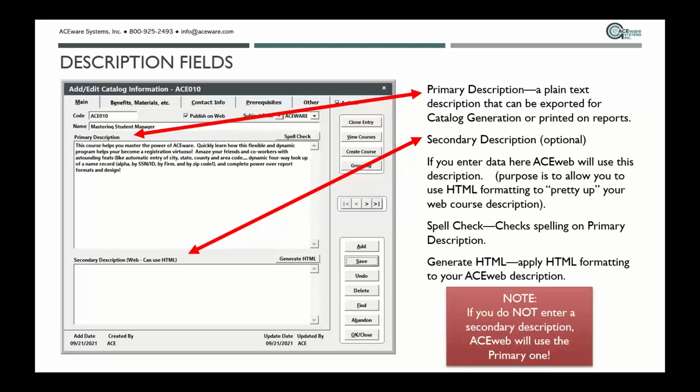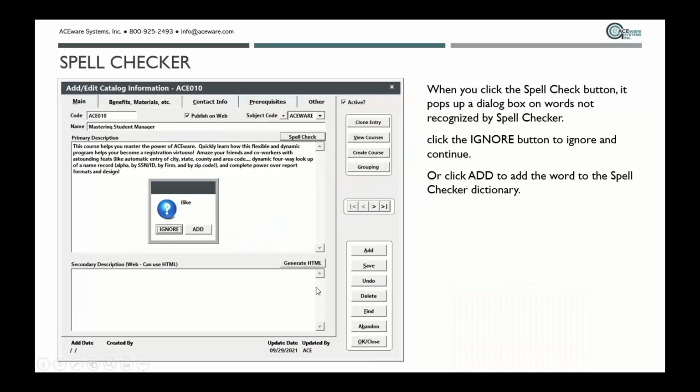And again, if you don't enter a secondary description, ACEware will use the text one that you've got up top. So you don't need to copy paste these in order for ACEware to have a description.